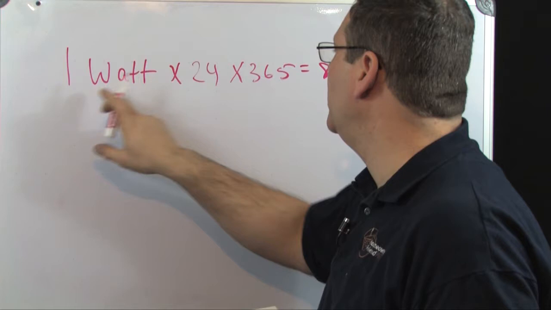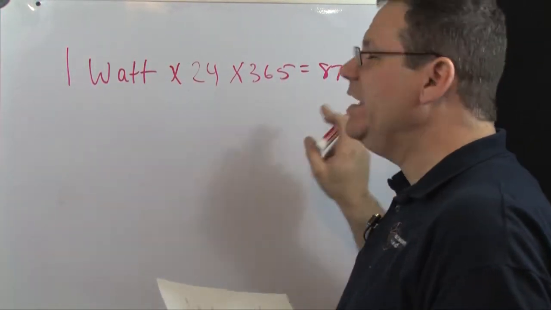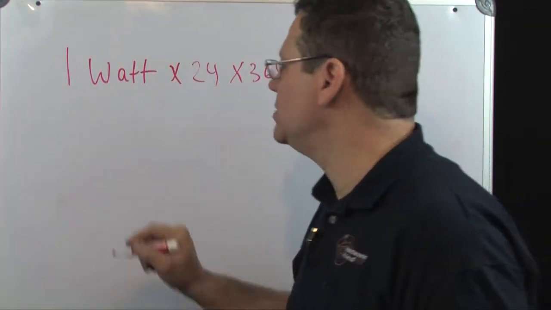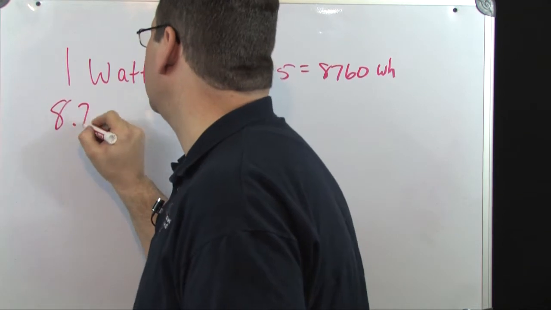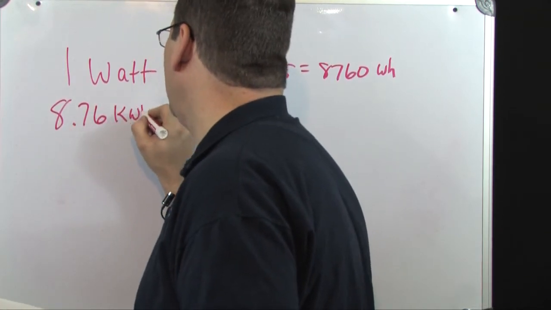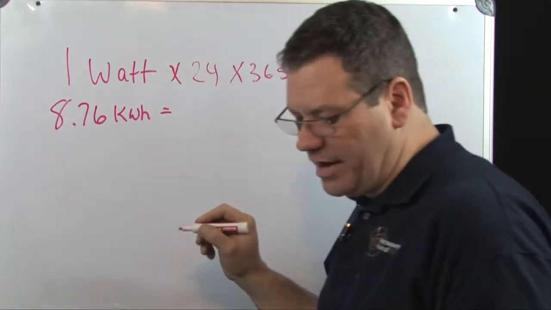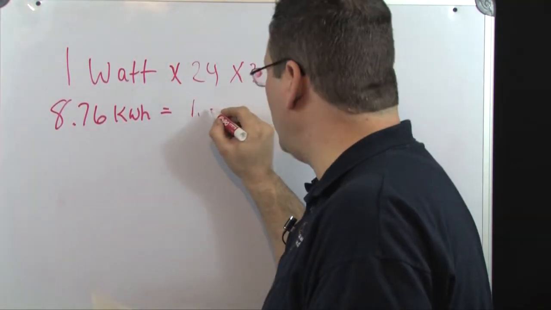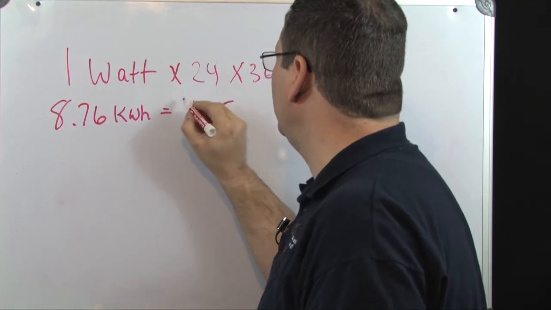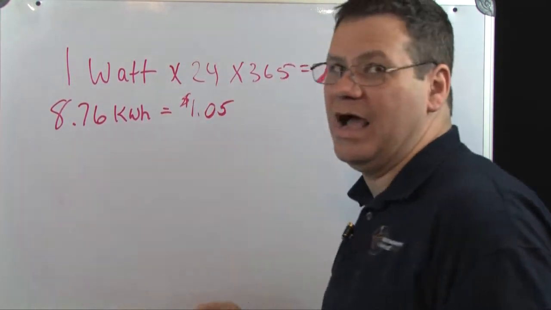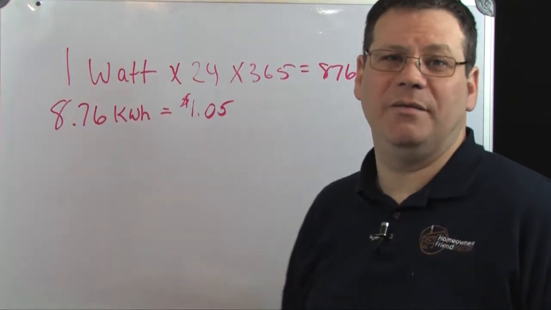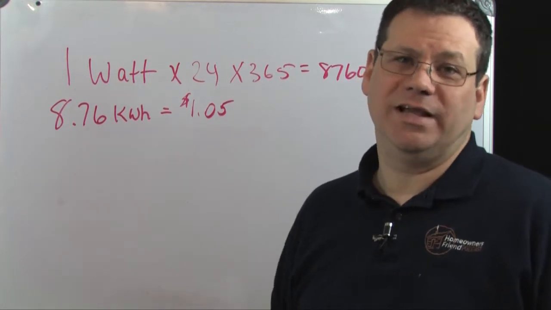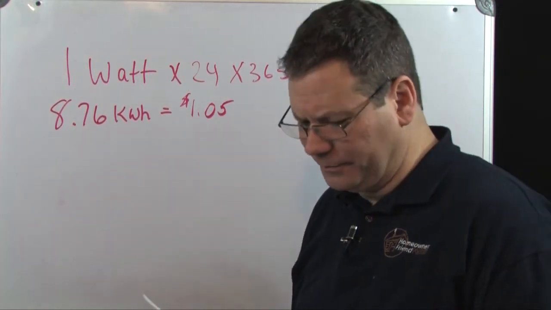Just do the math. 1 times 24 times 365 is 8,760 watt hours, which of course is 8.76 kilowatt hours. And if you multiply that by 0.12, you're going to come out with about $1.05 per year to operate that clock radio. Pretty insignificant. I mean, that's for 12 months. So it's like a dime a month or something, not even.